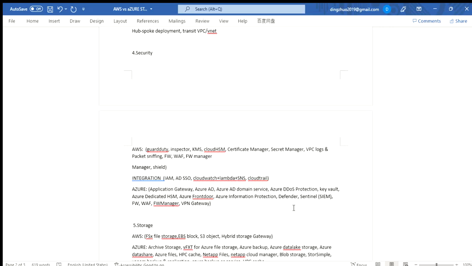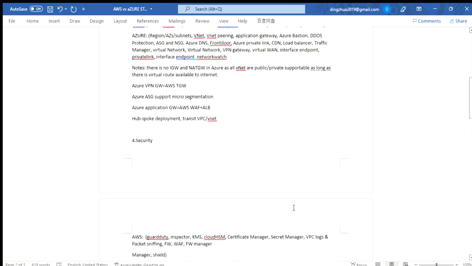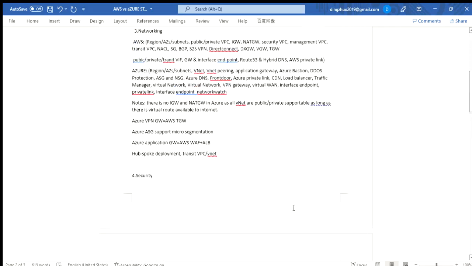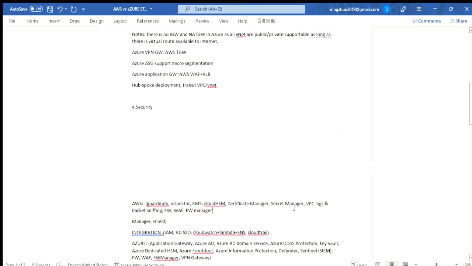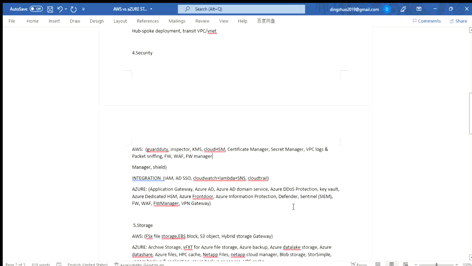Front Door. Azure Information Protection, Defender, Sentinel, which is a security incident event management. We also have Firewall Manager and VPN gateways.